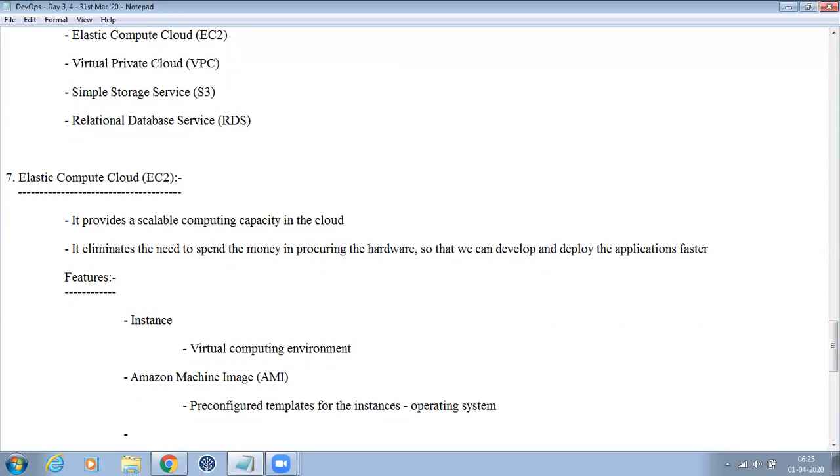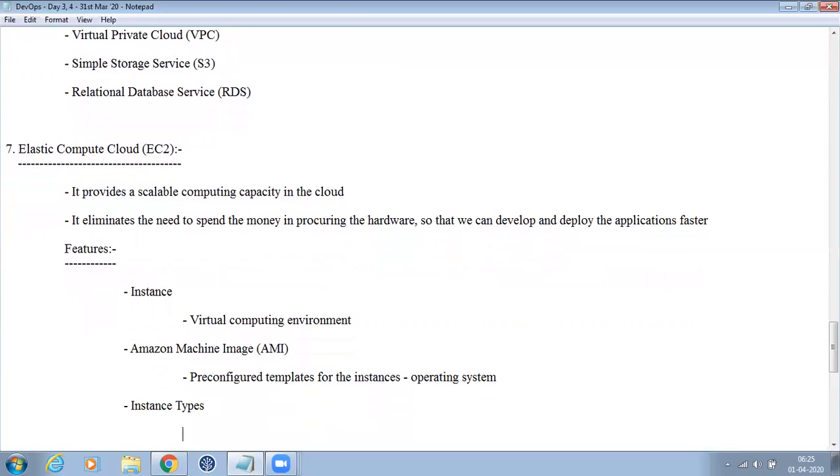Next, we have instance types. What are the instance types we have?